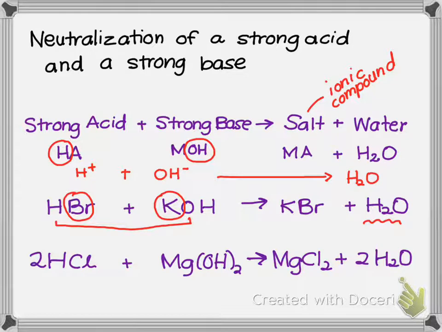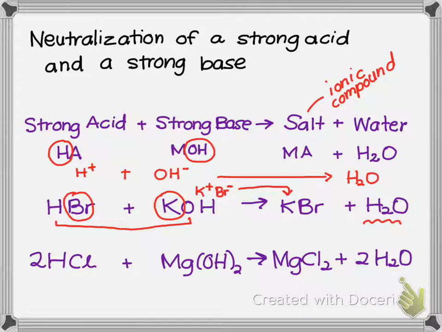To figure out how they go together, we have to think about their charges. A K plus and a Br minus make KBr, and that's the salt. So the neutralization reaction is HBr plus KOH, and that forms KBr plus water.